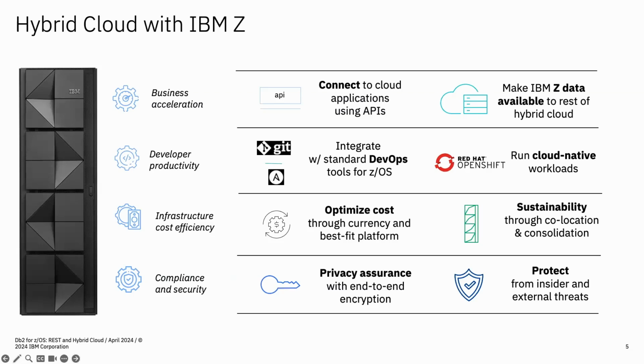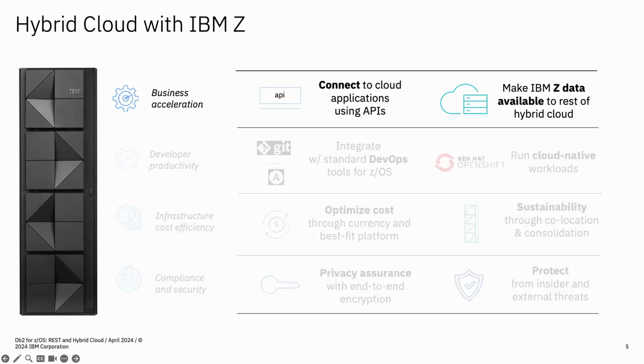So this chart kind of highlights 4 different areas with hybrid cloud on IBM Z. But today we're actually only going to focus on the top one, this idea of business acceleration, of connecting to cloud applications using APIs, and then making IBM Z data available to the rest of hybrid cloud.